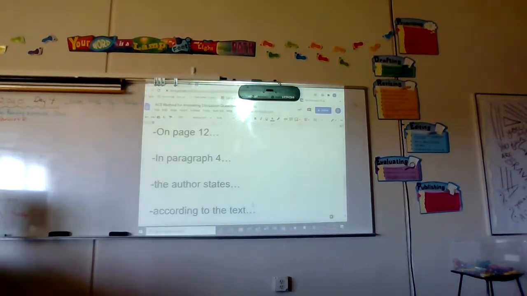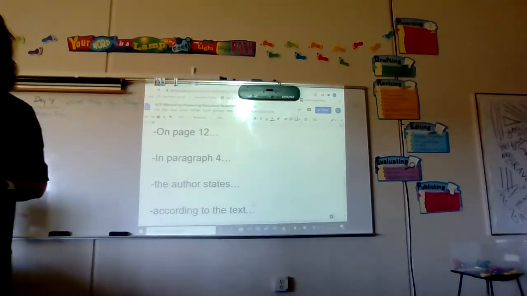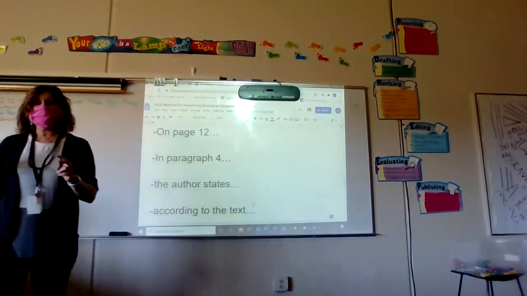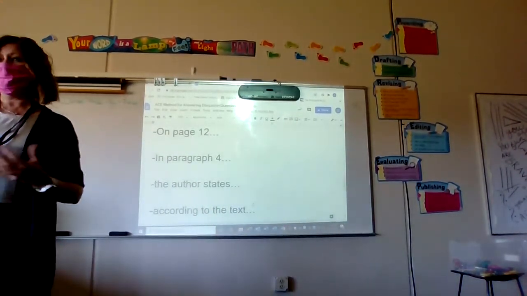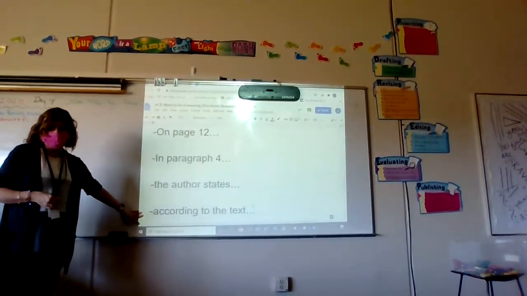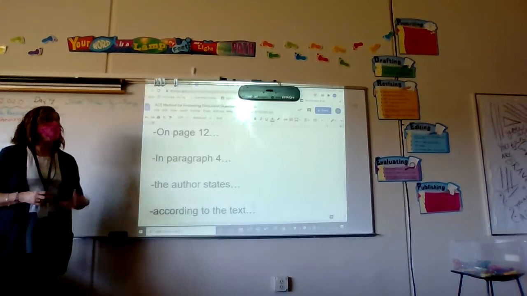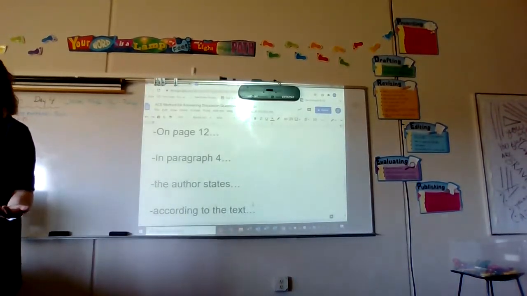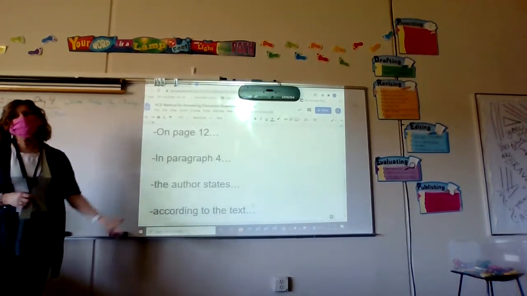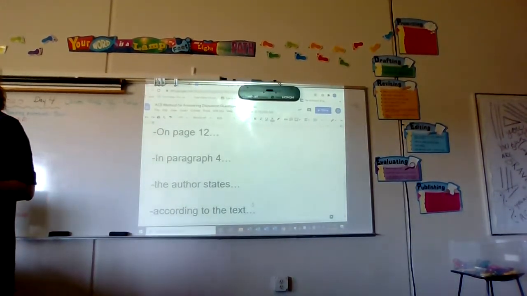There are probably some other ways, but these are you might say, on page 12, Sergeant Major Morris says, and then put the quote. According to the text, Sergeant Major Morris threw the paw on the fire. Or in paragraph 4, Sergeant Major Morris threw the paw on the fire.